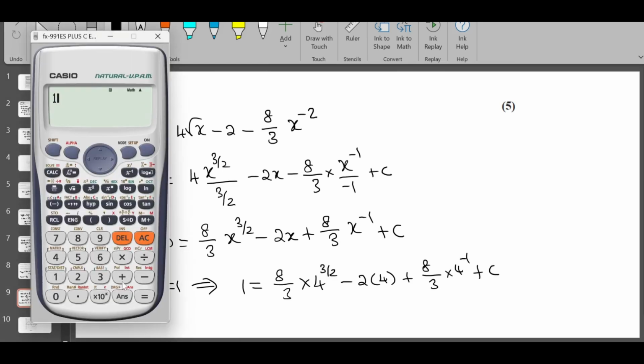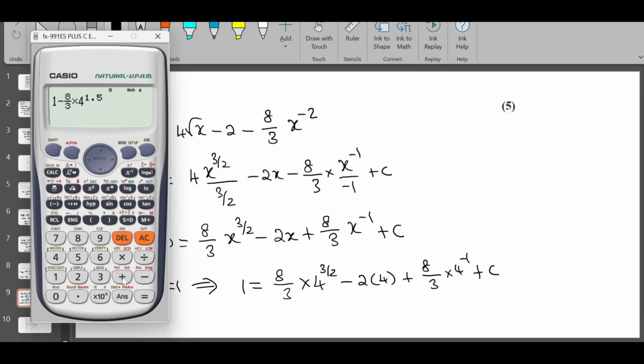So it's going to be 1, bring the first term to the left side, minus 8 over 3 times 4 power 3 over 2, which is basically 8, because 4 is 2 squared, right? Or you can just write it as 4 power 3 over 2.